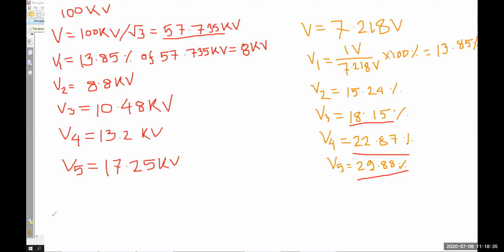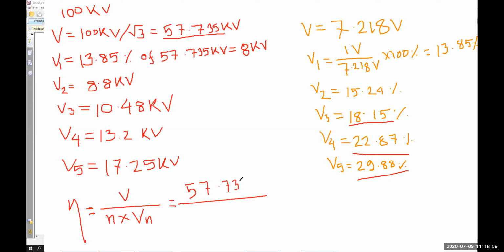Now let's find out the efficiency. The efficiency formula is equal to V into N into Vn. So your V is this one. Your N is equal to 5 because you have 5 insulators.